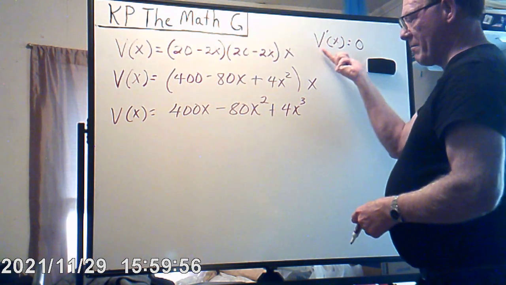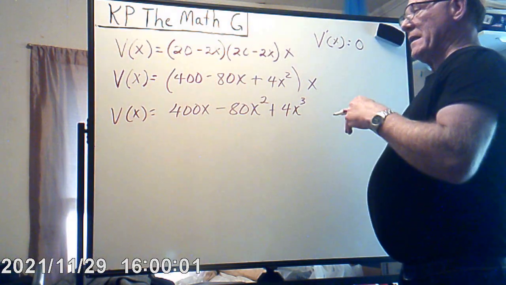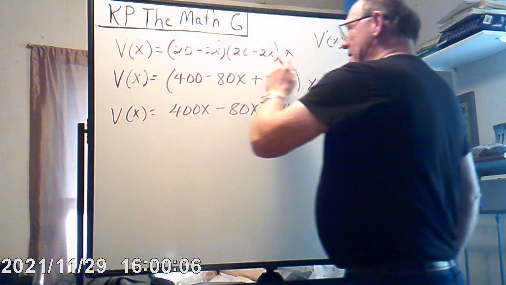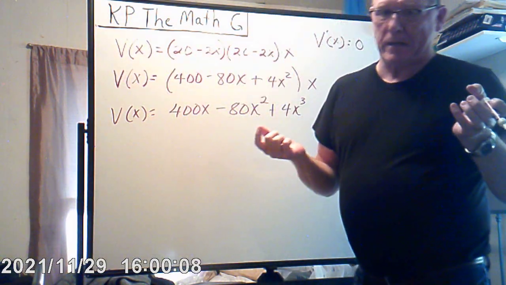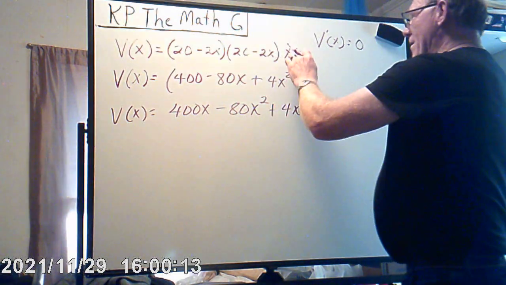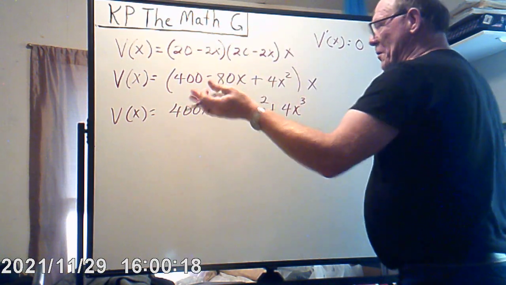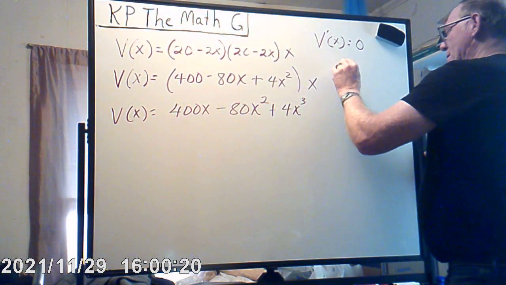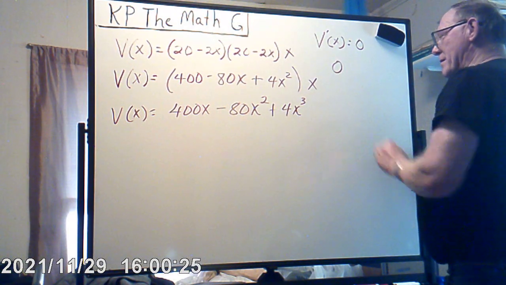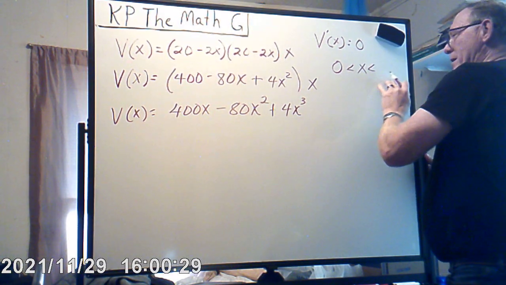We do remember, oh yeah, that's another thing we need to keep in mind. We want to see where the volume, if it exists, if there is a zero volume. We know that if x is 0, then whatever this times 0 equals 0. So we know that x cannot be 0. But x lies between 0 and some other number.